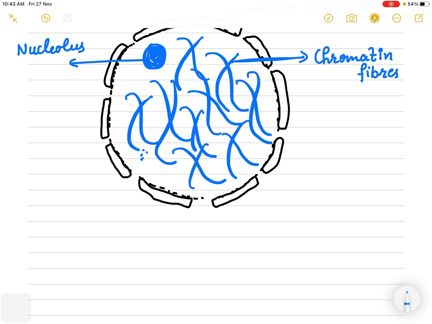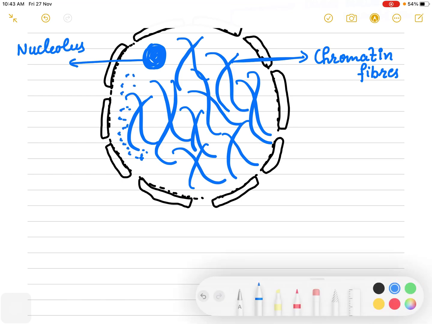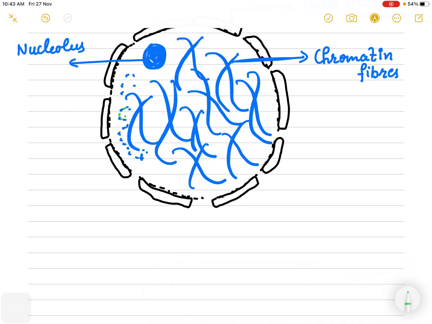Now definitely, because we are drawing the nucleus, there will be a jelly like material, just like in the cell. So in the nucleus there is a substance, which I am right now drawing, that is called nucleoplasm.